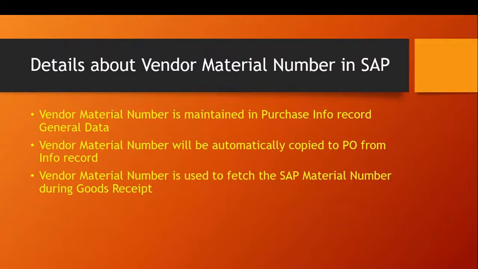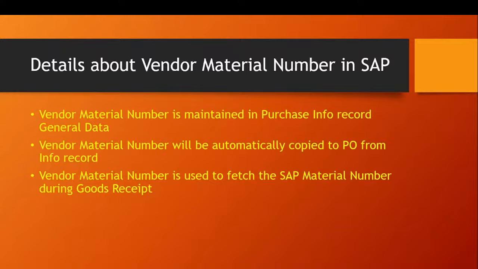Like I mentioned, the vendor will send the boxes of materials. On that, it will have the vendor material number barcode label. It will not have the SAP number. So when we scan it, we should put in a logic: scan the material number. If it is available in MARA, MARD or whatever table we are going to check, such as MLGN, warehouse or MARM, if it is available, take it.